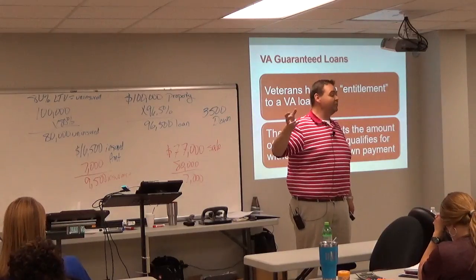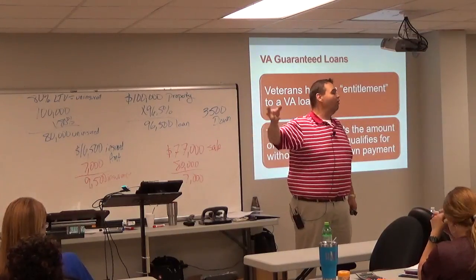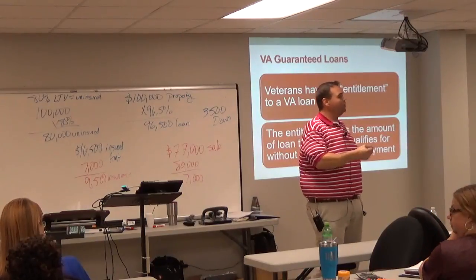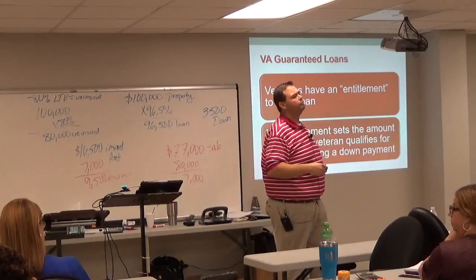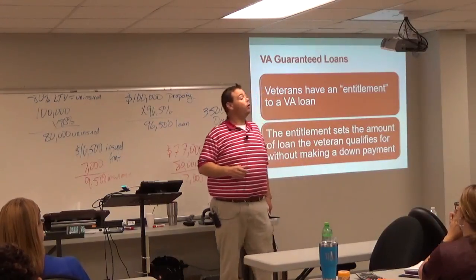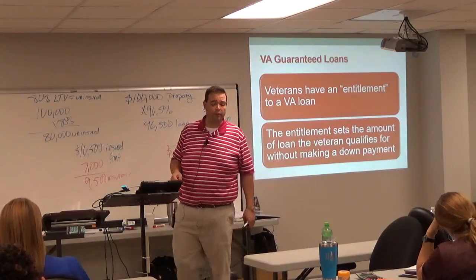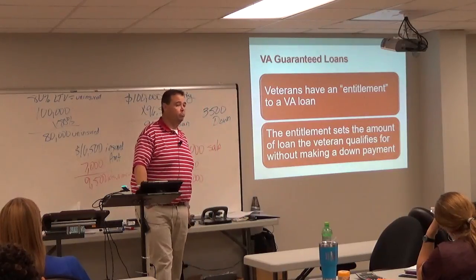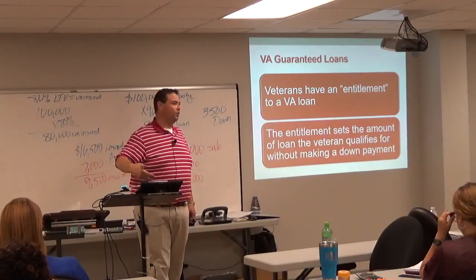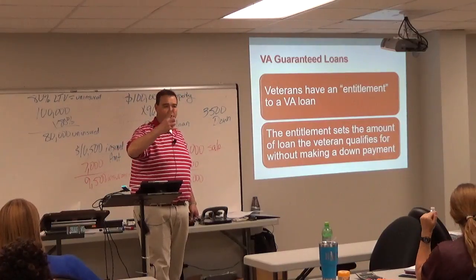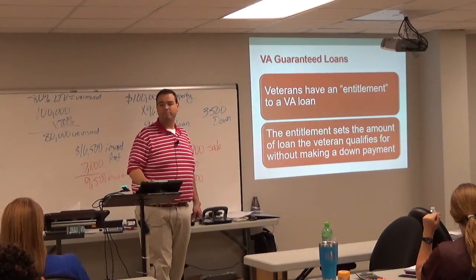But as soon as that loan gets paid off, then the token comes back. The entitlement comes back. So the assumee would have to pay it off. Yeah, whoever assumes the loan would have to pay it off, and as soon as it's paid off, the entitlement comes back. So it's a one-time, at-a-time thing. You can use it as many times as you want, but only once at a time.